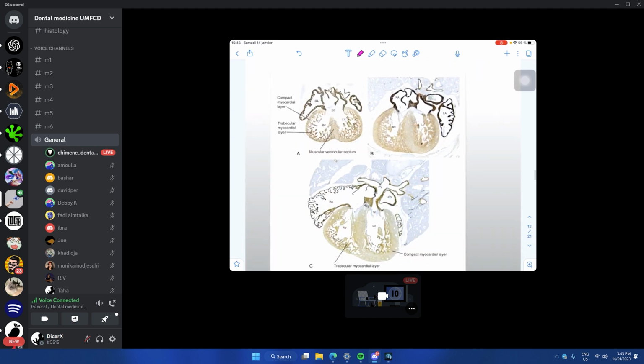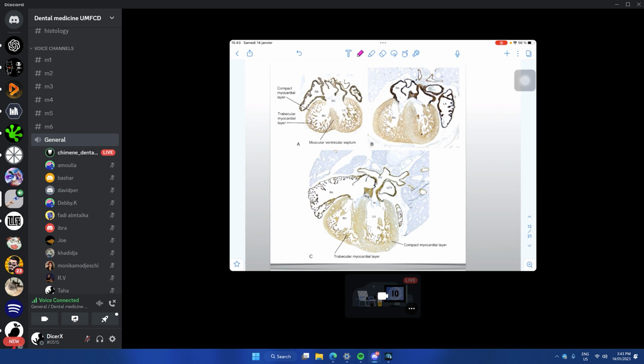Next, here's the hardest one, kind of. It's also for the heart development, guys, but it's not that easy, I would say. Those are the pictures also for the cardiac looping.